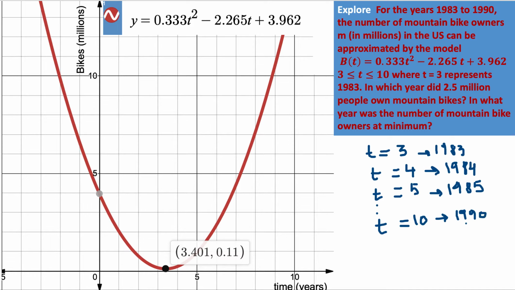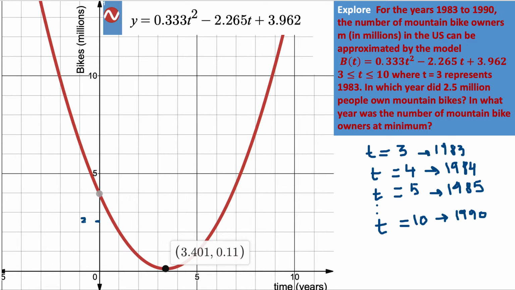So in this domain they want to find this information. In which year did 2.5 million people own mountain bikes? If we are looking here, 5 is here, and between 0 and 5 we have in a half 2.5.